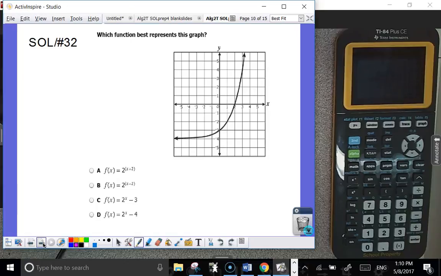Okay, so Garrison? Down 4. Okay, so the parent function would have had a horizontal asymptote at y equals 0. It would have had a y-intercept of 1, and it would have looked something like that.